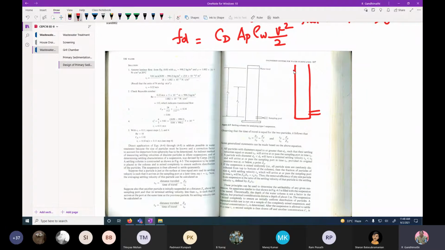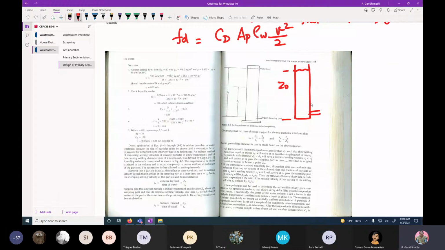Assume that initially the particles are at height z0. Then it may take time t0 to reach the bottom.